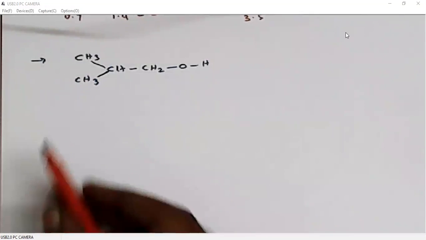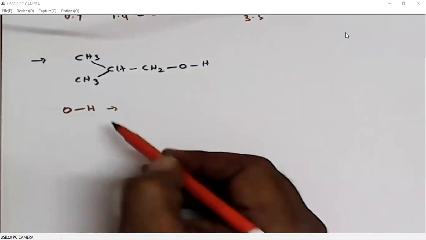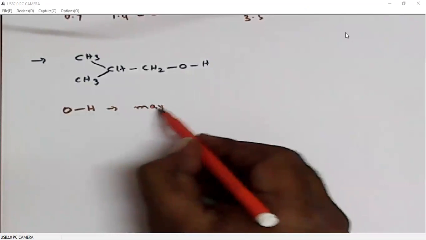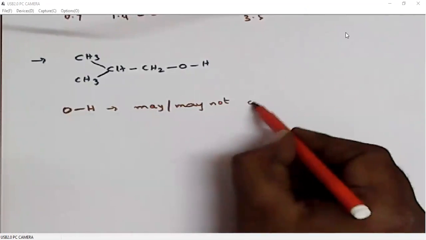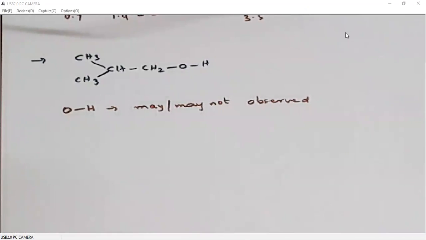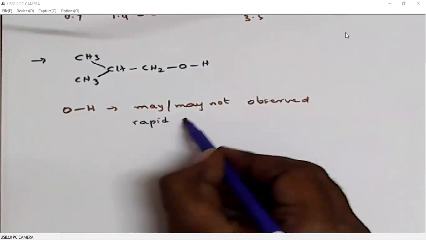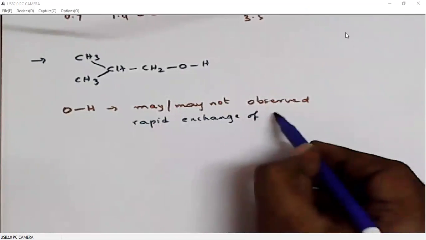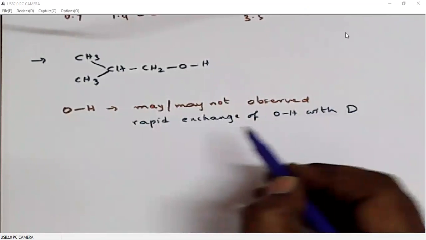I will discuss a little bit about the OH peak. The OH peak may be observed, or may not be observed, in a proton NMR spectrum. It is mainly due to the rapid exchange of alcoholic hydrogen with deuterium.